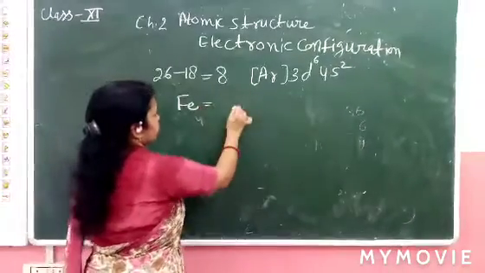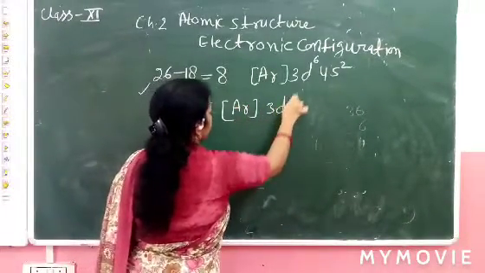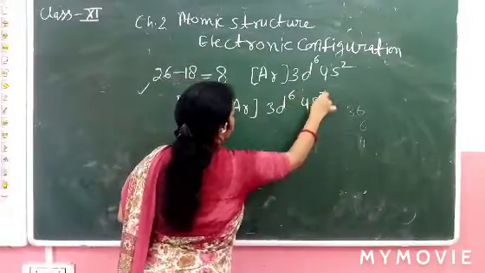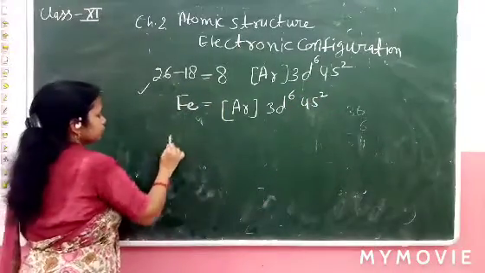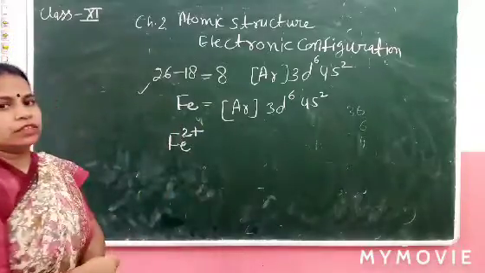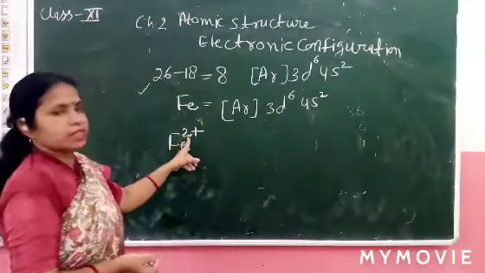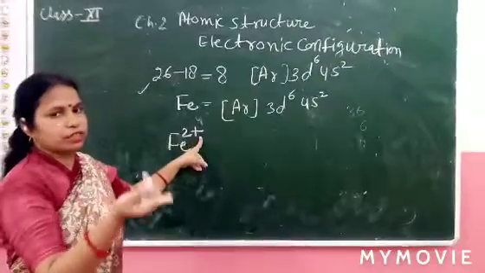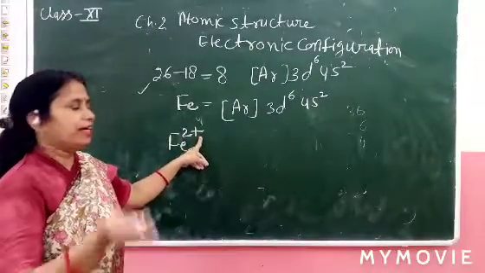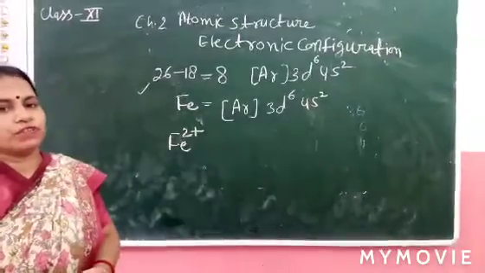Fe. So what is the configuration? Argon 3d6 4s2. If I ask what is the configuration of Fe2+? Now let's see. When an ion is positive it means it donated electrons, and negative means it accepted electrons.